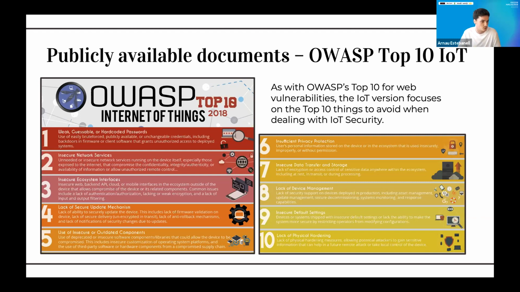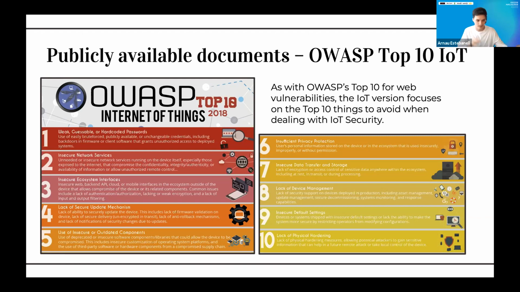Then you have the lack of secure update mechanism, because one of the things that is really problematic with IoT devices is that you can plug in a USB, flash a new version of the firmware that the IoT is using, and if the IoT doesn't have measures to control that, well, signature verification measures to make sure that the firmware that you're trying to flash is actually intended for that device, then you're going to be able to, I don't know, have a shell on the device, have an endpoint that's always listening for your commands, whatever you want.